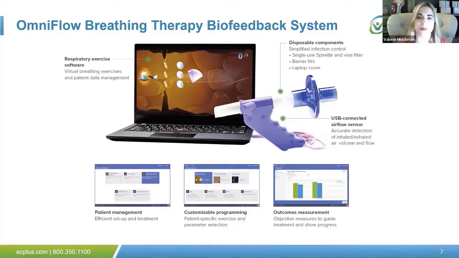The airflow sensor is plugged in via USB port to the laptop so that as the patient's completing inspiration and expiration exercises, the data is collected and transmitted onto the software so that on the screen, the clinician and the patient can simultaneously view how the patient's completing an exercise, what the target level is, and if they're achieving that target level.